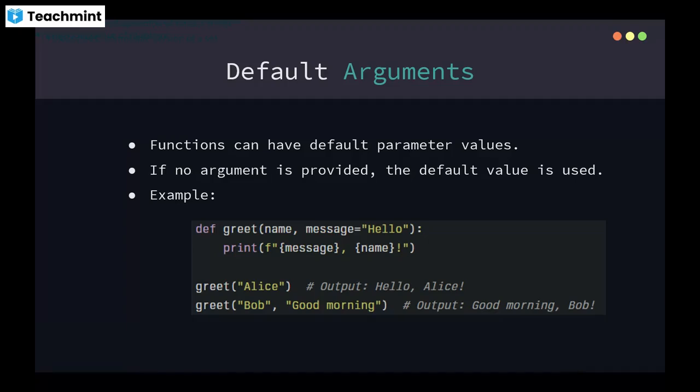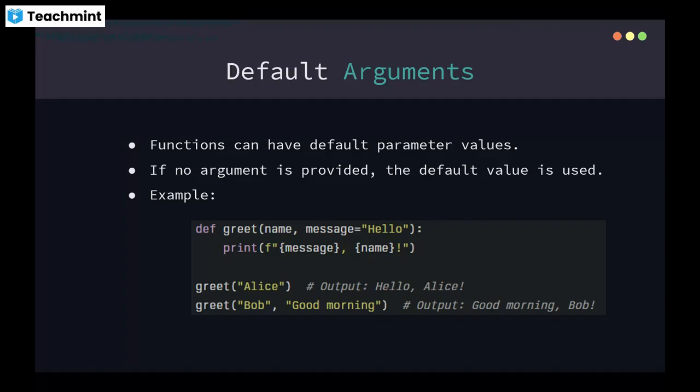It will accept. Previously we were supposed to send the arguments, right? Here it is expecting two arguments, so we compulsorily should send both. But here there is a default value for this message argument, so it is not compulsory to mention it.